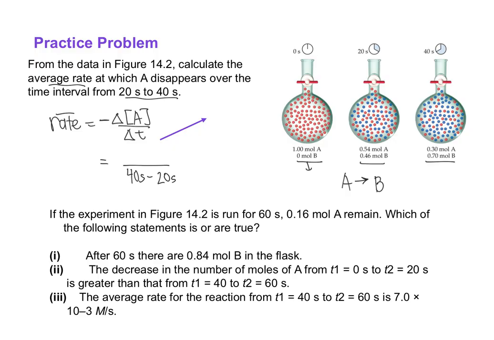At 40 seconds, we have 0.3 moles of A, and at 20 seconds, we have 0.54 moles of A. So we do 0.3 minus 0.54, and then divide by the 20-second interval, and we get 1.2 times 10 to the negative 2 mole per second. And if we assume this is in 1 liter, then we could say it's that many molar per second.